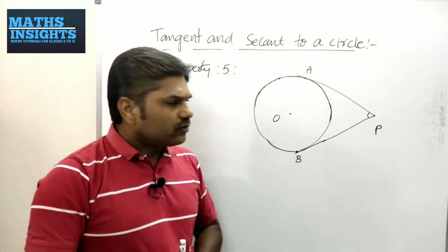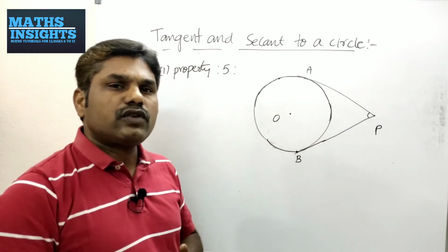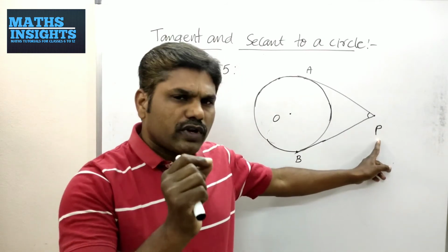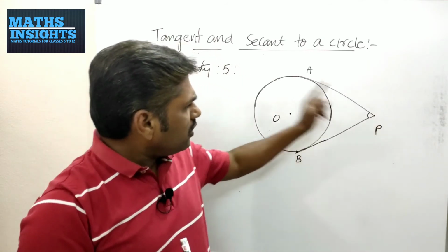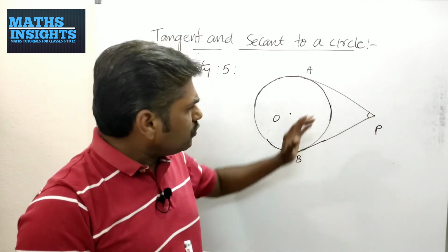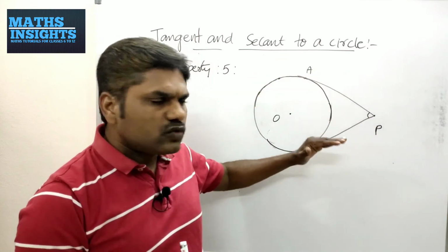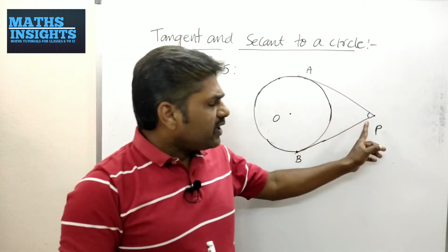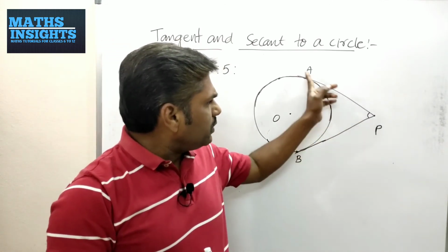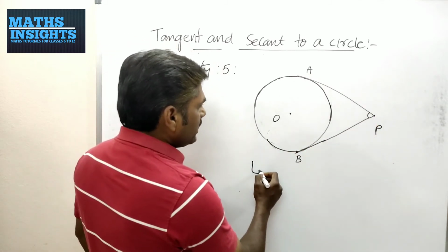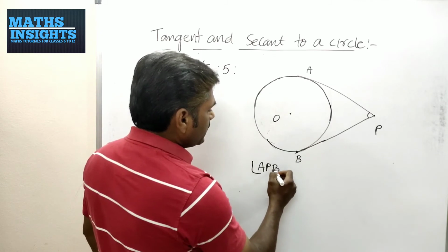Property number 5 relates to angles. I have taken an external point P and I have drawn two tangents AP and PB. You know that the lengths of these two tangents are equal. Now there will be an angle formed between these two tangents, that is angle APB.